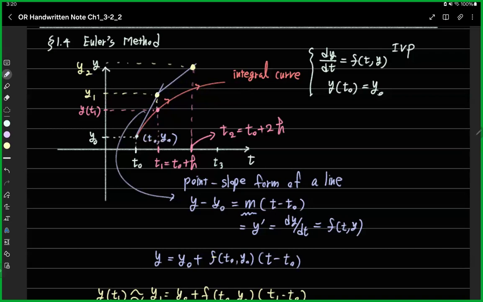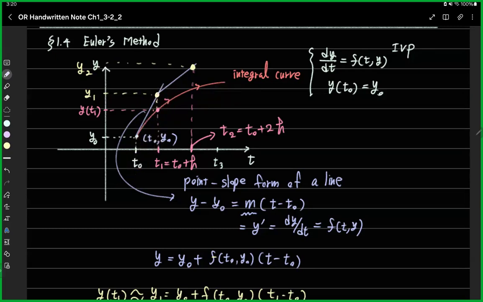Now what are we gonna do? We're gonna find the tangent line at the initial point, the initial condition. So we know how to find the equation of the line which is tangent to that integral curve, right?